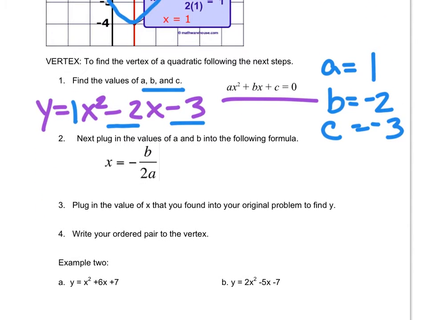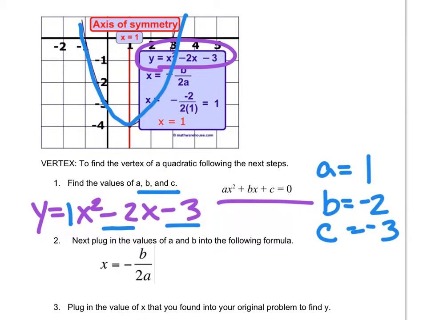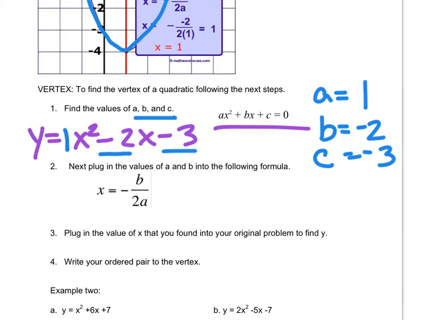Next, we're going to take those values of a, b, and c, and we're going to use a and b to find the axis of symmetry. That's this red line up here. It's where we can fold our parabola in half and it'll be a matching image on either side. We take our value of b, which is negative 2, and plug it in, so you have negative and then negative 2.